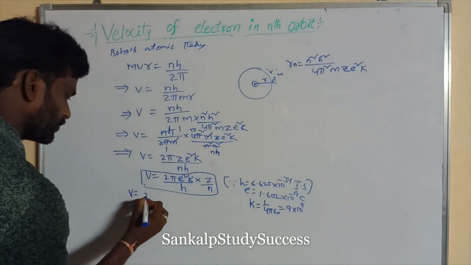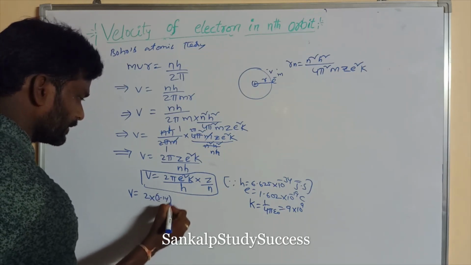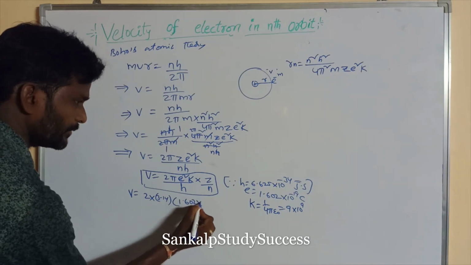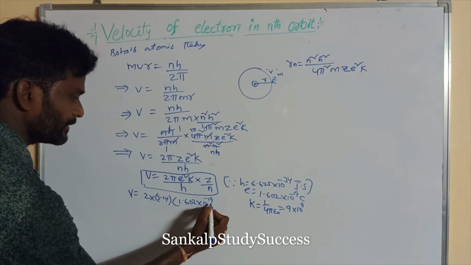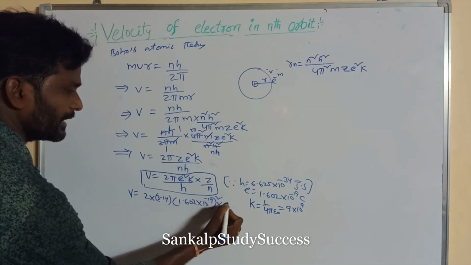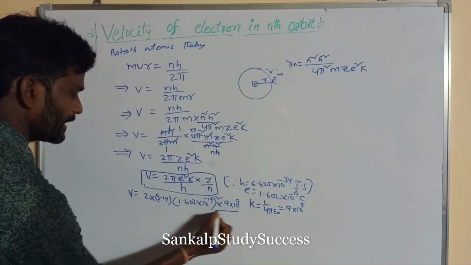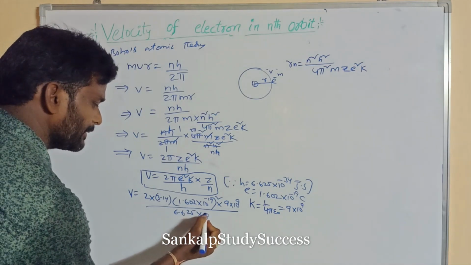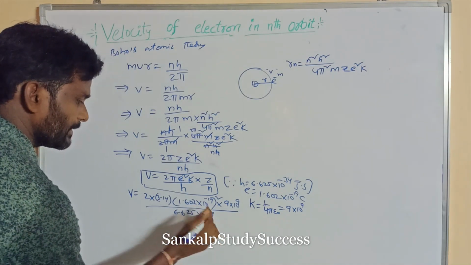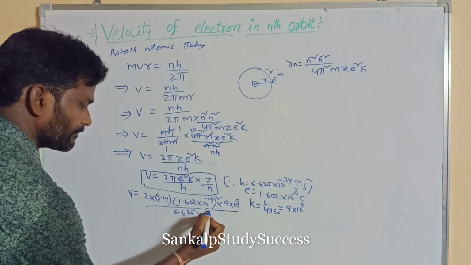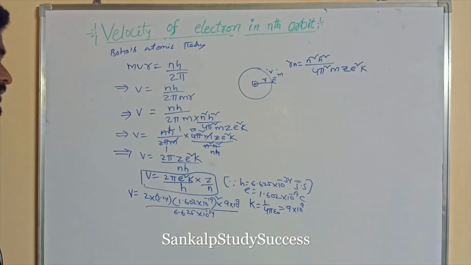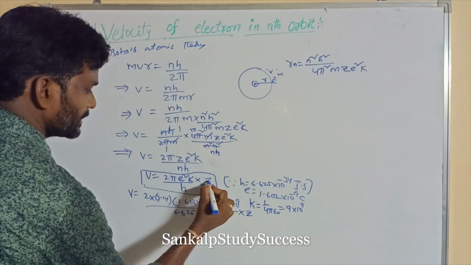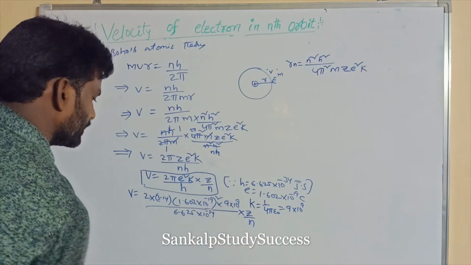Next, v is equal to 2 into 3.14 into e square, what is the value of e? 1.602 into 10 to the power of minus 19 whole square into k, 9 into 10 to the power of 9 by h value 6.625 into 10 to the power of minus 34 into z by n.